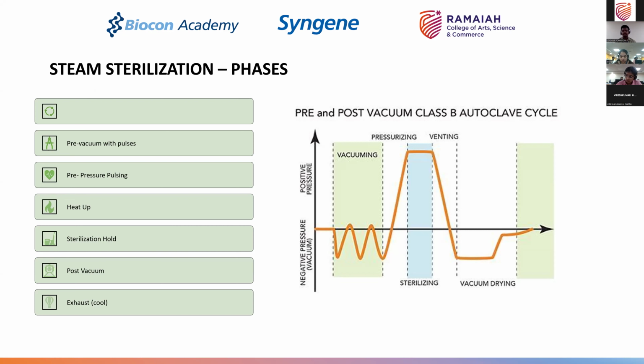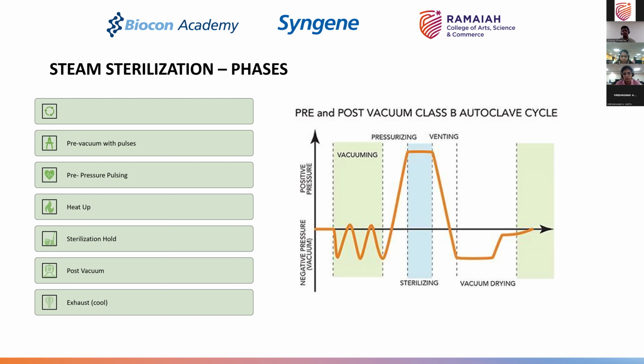That section of the gas inside the chamber does not have moisture. So is it going to be effective in sterilization? No, because what you need for effective sterilization is moisture. And that moisture is not present in that small air pocket. Therefore, it is going to cause a pseudo situation where you do not have the right conditions for sterilization.